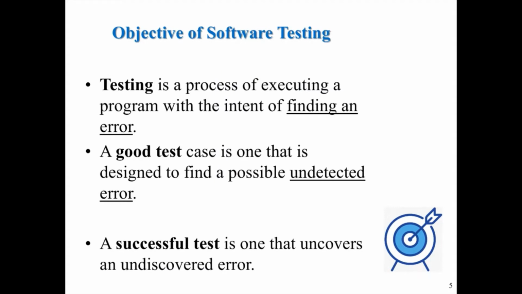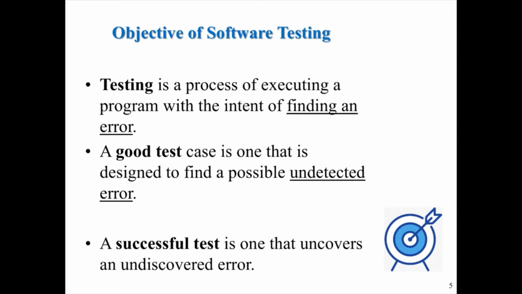What is the objective of testing? As I told you before, the objective of our testing process is to find bugs, or you can say errors also. Error means the logic is not correct. Bug means it is undesired. It might be working fine, but the output it is generating is not the required one.